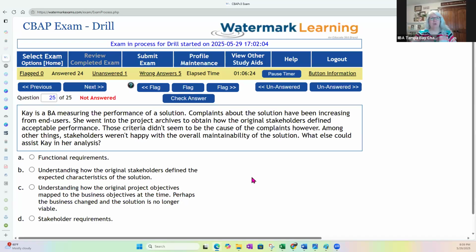So she's trying to figure out why they're unhappy. Would it be functional requirements? Understanding how the original stakeholders define the expected characteristics of the solution? Understanding how the original project objectives map to the business objectives at the time? Perhaps the business changed and the solution is no longer viable, or she should look at the stakeholder requirements.